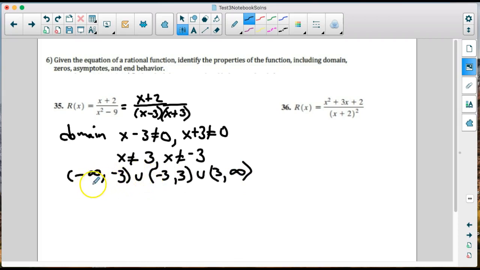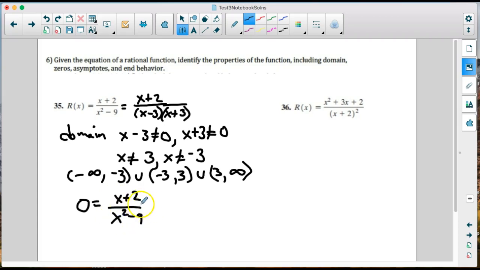The zeros of this problem are found when we put 0 in for r of x. So we're going to have 0 equals x plus 2 over x squared minus 9.